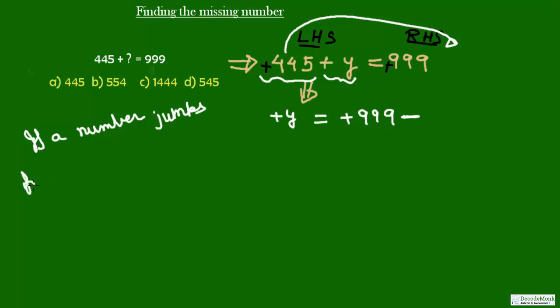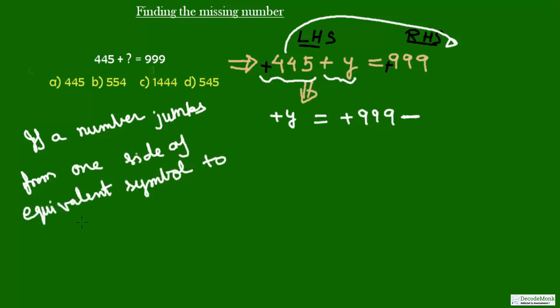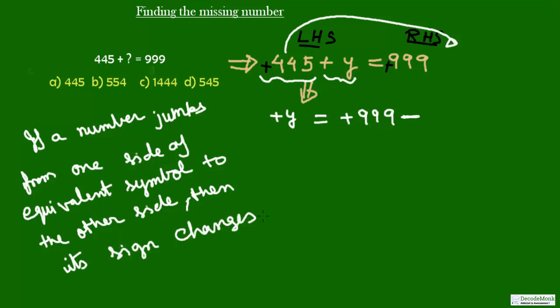If a number jumps from one side of equivalent symbol to the other side, then its sign changes. So if the sign is plus, it will change to minus, negative sign. If the sign is minus, the sign will change to plus sign.